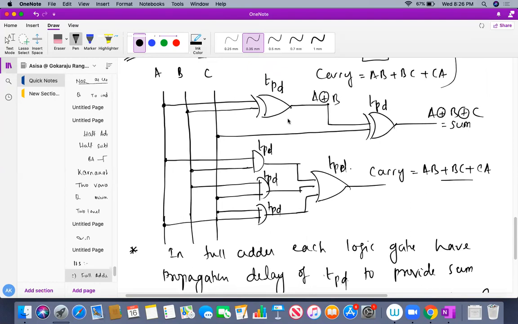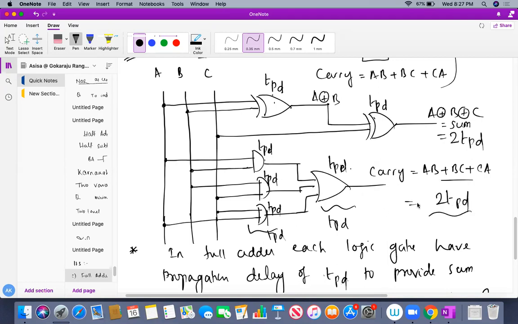This is a two input XOR gate, which takes TPD, and the next XOR gate also takes TPD. So the sum takes 2 TPD. Do you all understand? And the carry: these AND gates all take 1 TPD, and this OR gate takes another TPD. So this is also 2 TPD.